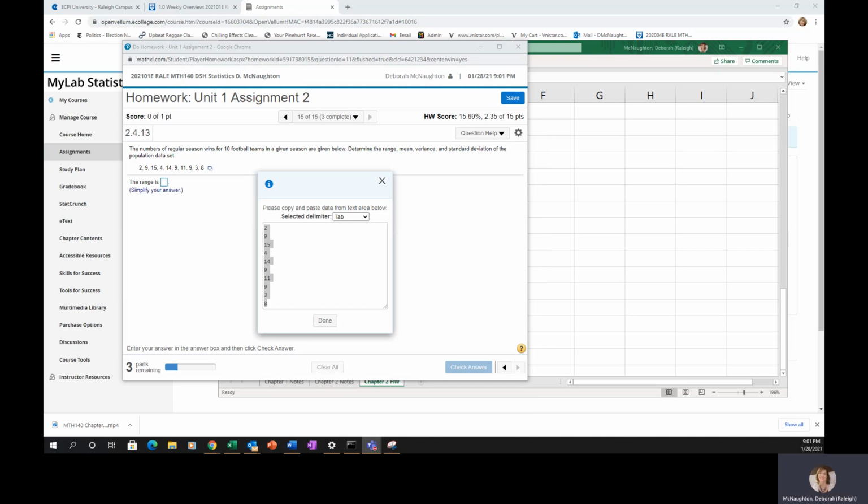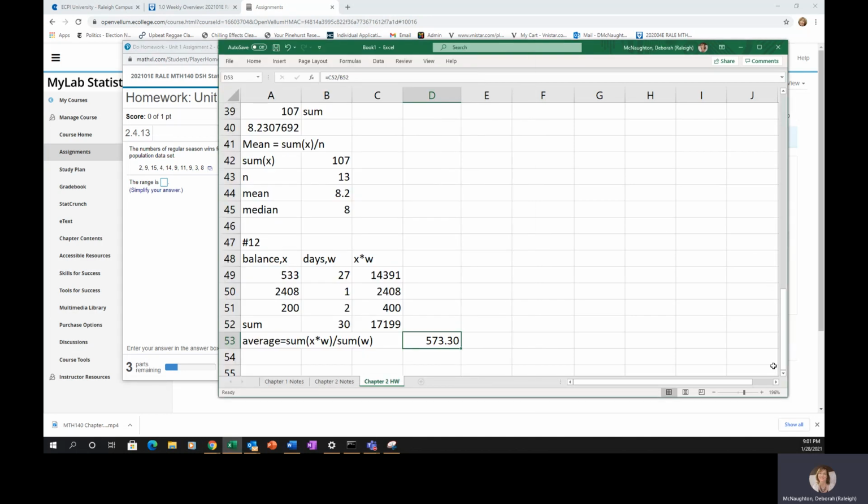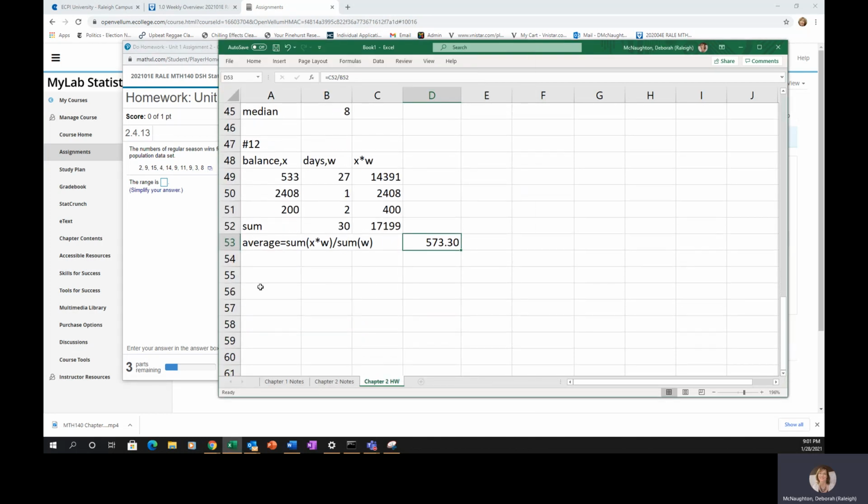There's my data. Okay, so you can put my data into your Excel. I guess you could just type it in. It's not that hard. Okay, and then I'm going to go in and do number 15. So here's my data.